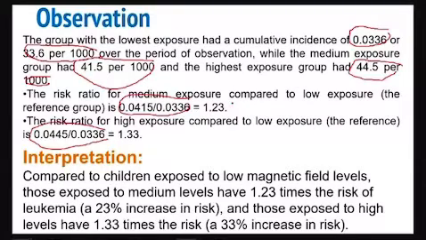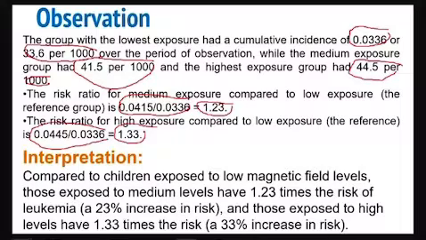When we compare medium with low, anytime you have 1.23, that's a 23% increase, right? You remember mathematics? Take a look at this. So if I want to interpret that, I'm going to say, compared to children exposed to low magnetic field level, those exposed to the medium level have 1.23 times the risk of leukemia.